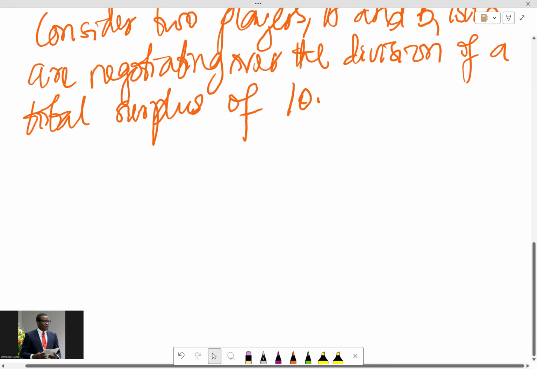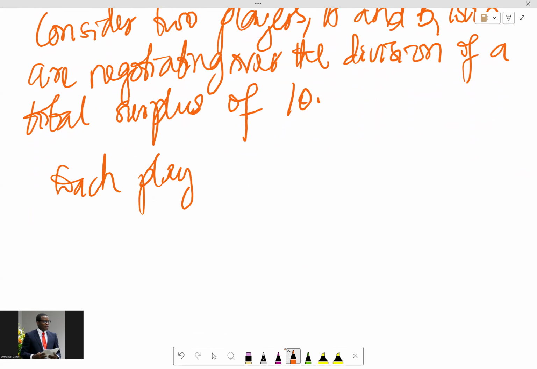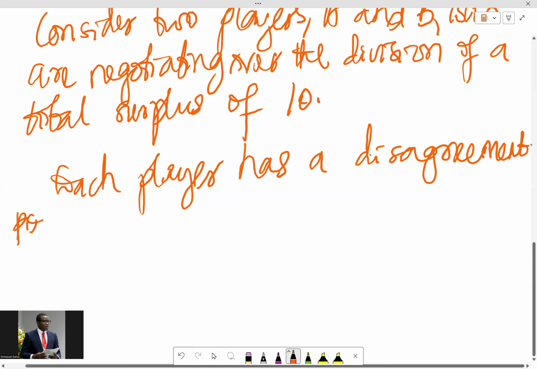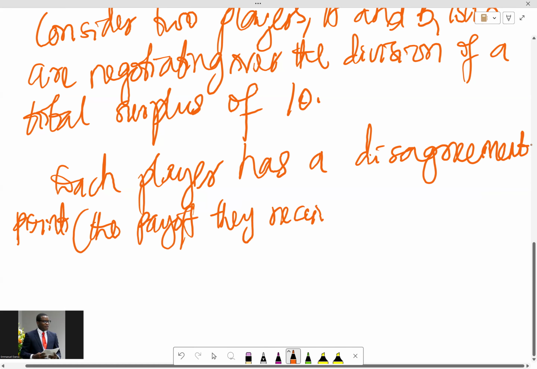Each player has a disagreement point, that is, the payoff they receive if no agreement is reached.